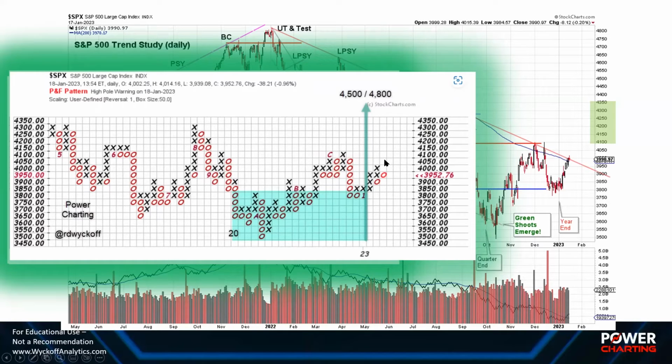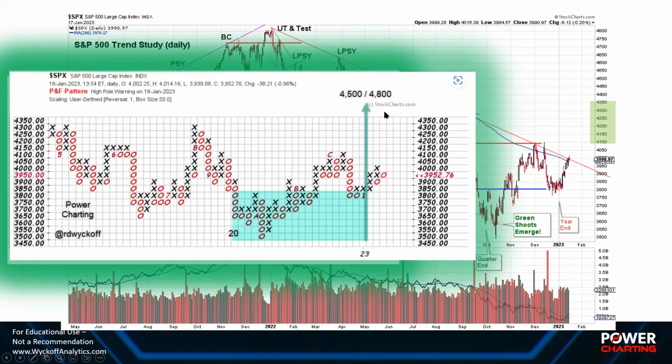Attempting to rally now, we can take this count. It's a preliminary count because we haven't taken out the 4,100 high or gone up to the 4,300 high. And so we would watch for that to happen to confirm that this count is in fact valid.